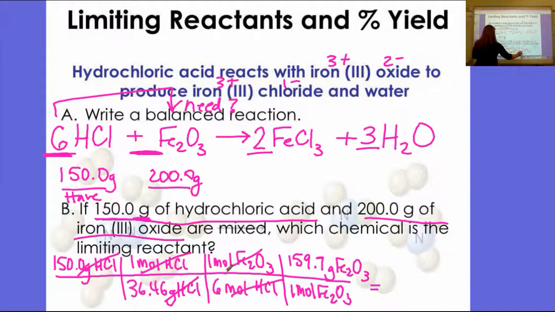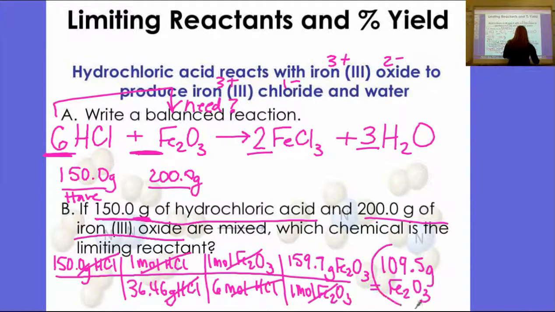So if I take my 150 grams of hydrochloric, multiply it by 159.7 Fe2O3s, divide by 36.46, divide by 6, my final answer is 109.5 grams of Fe2O3. This is how much I need.